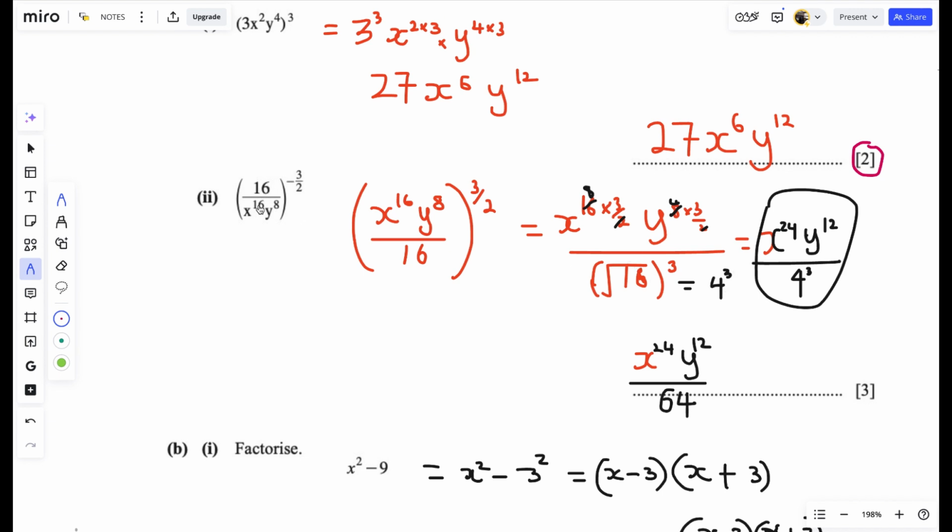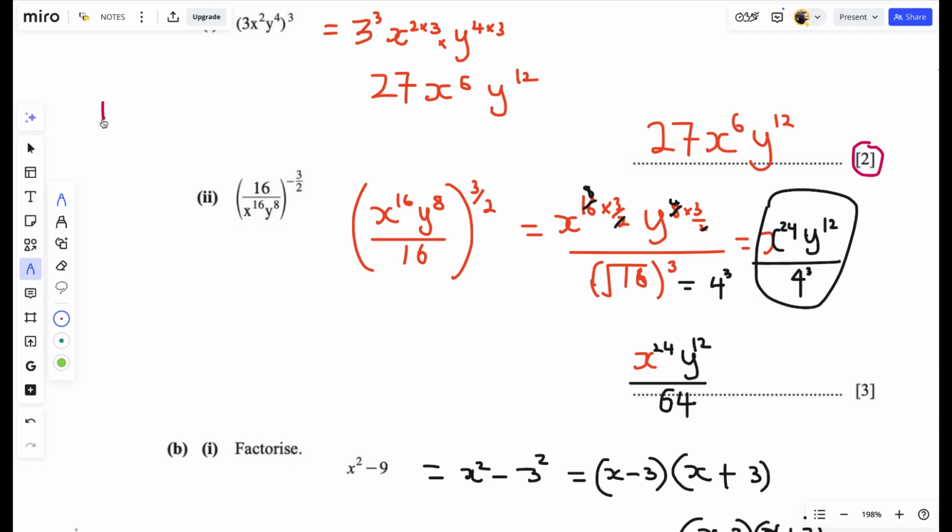So you have 16 over x to the power of 16, y to the power of 8, everything raised to the power minus 3 over 2. Now you see what we do. I flip this one because it is raised to the power minus. If I want to remove this minus from here, I will just flip what is inside here, because you know what it means?